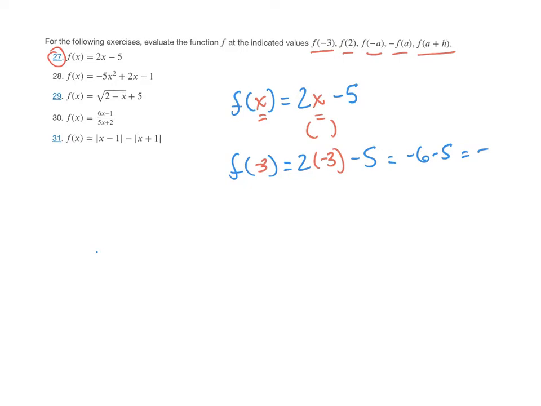Minus 5 is negative 11. So f of negative 3 is negative 11. Believe it or not, that says negative 11, even though it doesn't look like it. Okay, that looks more like 11, hopefully. Let's do f of 2.